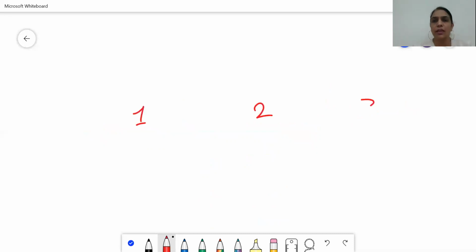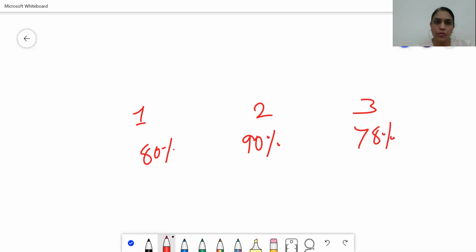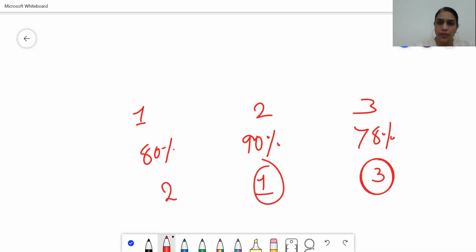Moving further, I am taking one more example. I have many students in my class, but I am just writing the result of 3 students. The second student has 90%, this person is getting 80% marks, and this person is getting 78% marks. If I have to give ranks, this could be the first rank, this the second rank, and this the third rank. This is the roll number 1, 2, 3.